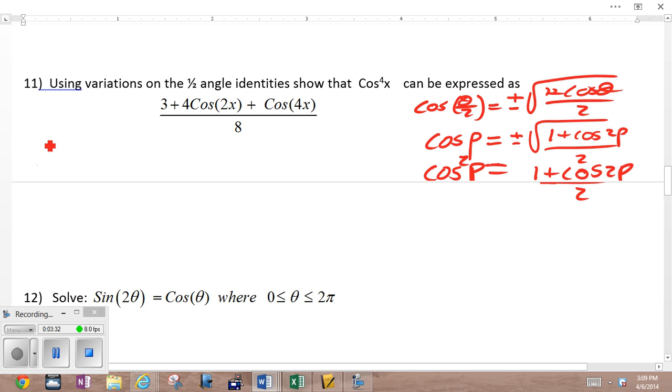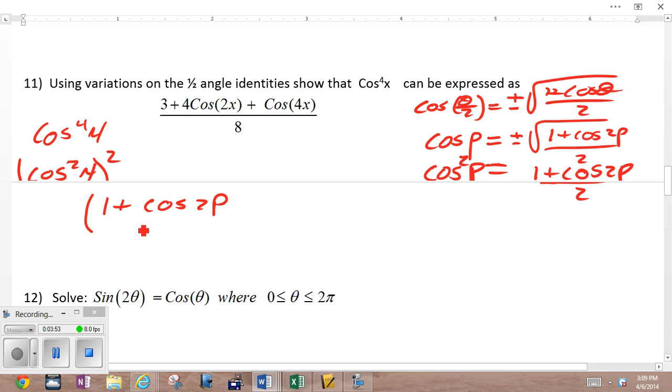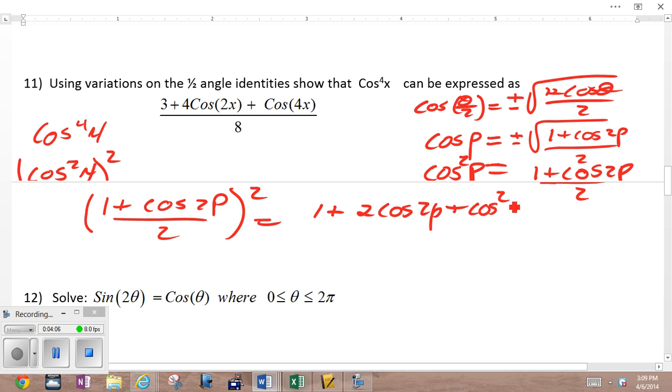So the cosine to the fourth power of x is simply the cosine squared of x, squared, which is simply going to be this expression squared. So it's going to be 1 plus cosine of 2p, squared, which of course when squared is going to be what? 1 plus 2 cosine of 2p plus cosine squared of 2p, all over 4.